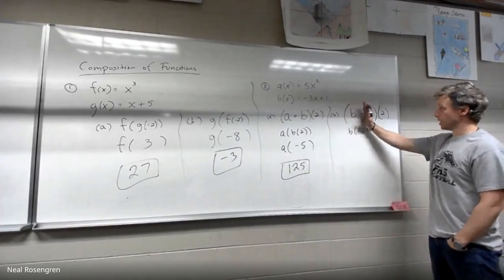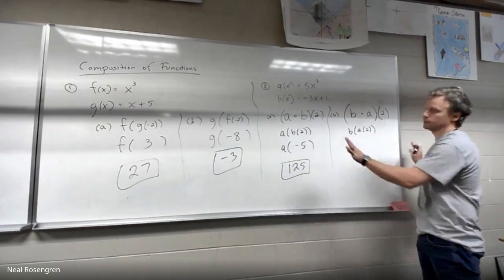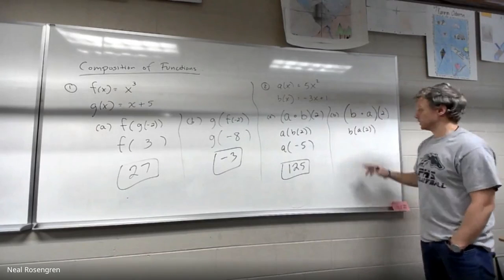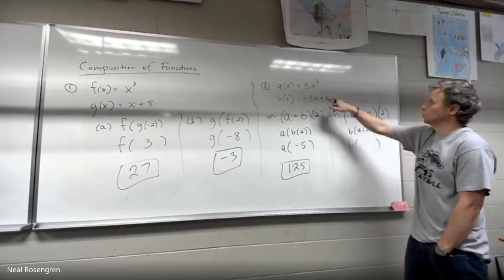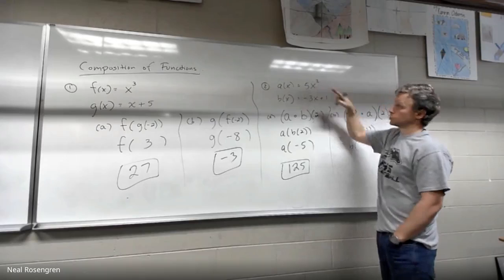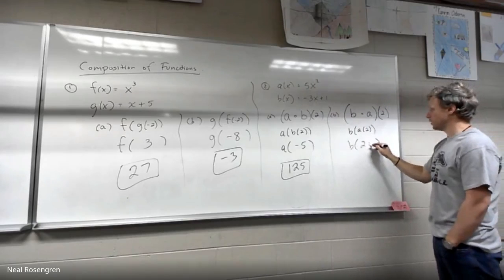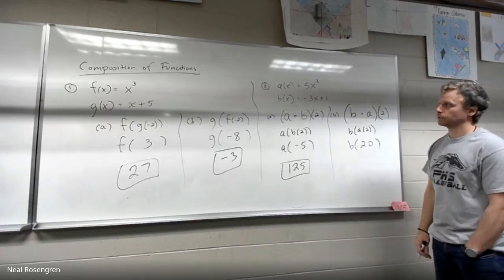And this is, write it from left to right, just how you read it out loud. Now that I'm evaluating, I'm going to work from the inside and work my way out and see what happens. Okay, so I really want to just kind of look in here and say, right, what's A of 2? Well, A of x is 5x squared, so I drop in 2 squared, that's 4 times 5, so A of 2 is 20.